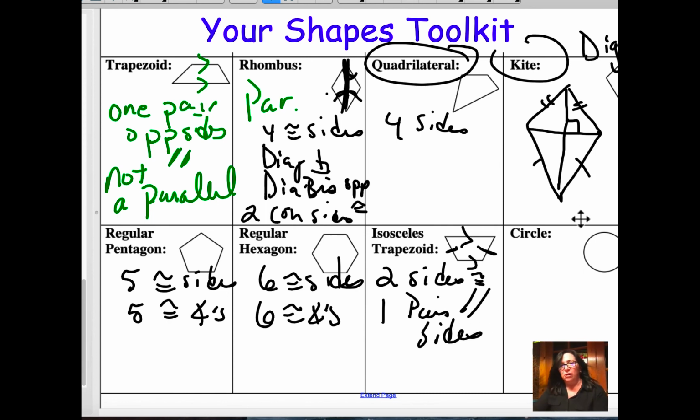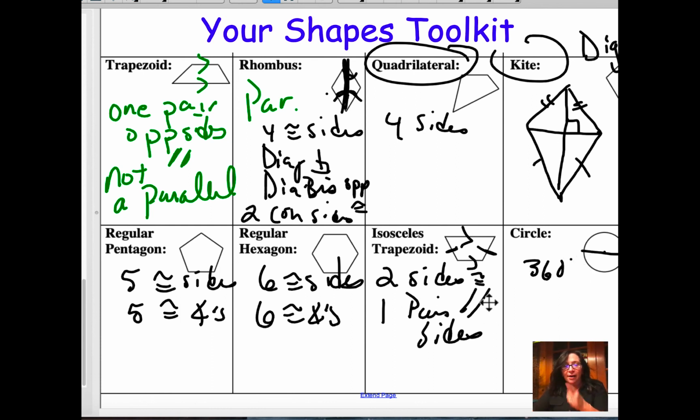And then a circle. A circle is not a parallelogram, but what do you know about a circle? I would say a circle has a degree measure of all the way around of 360 degrees. I would say a circle has a diameter, and that diameter cuts that circle into 180 and 180.